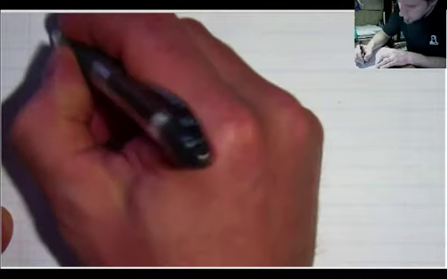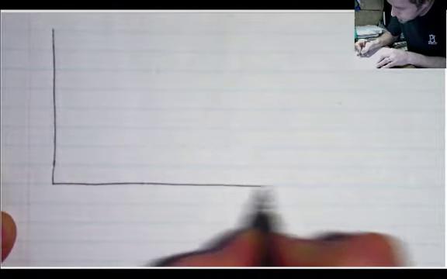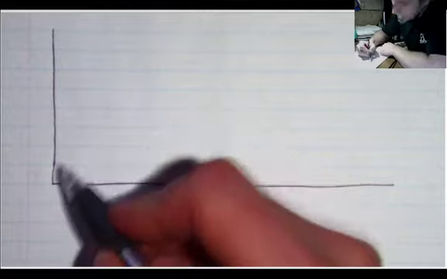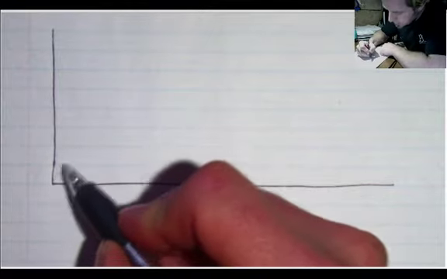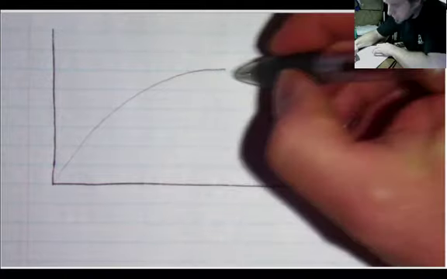I know that the flight of a football is parabolic. Now, that tells me that if I was to draw that motion of a football, it might look something like this.